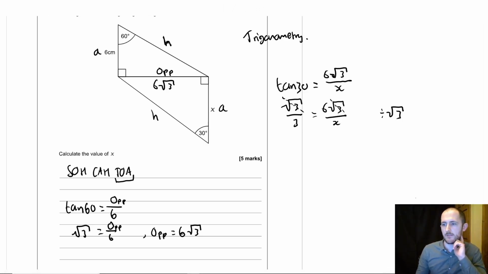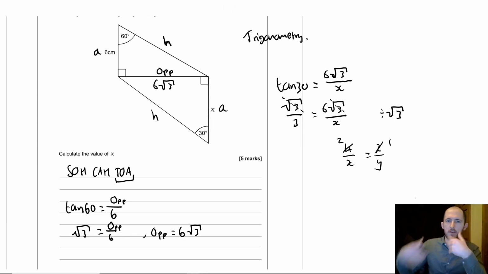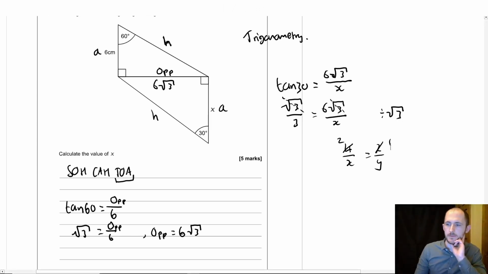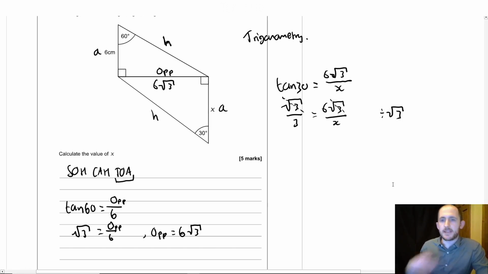Right, so if I had like 4 over x equals 2 over y, I can cancel out the numbers like that. And vice versa if it's on the other side. If you don't believe me, that's fine. Do it the other way. Or, I mean, ask me to do it the other way. That's completely fine by me. But it is a bit of a trick you can use. But I would suggest proving it for yourself would be the best way to do that.